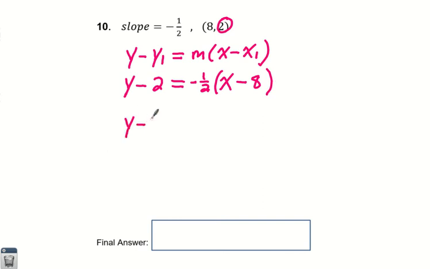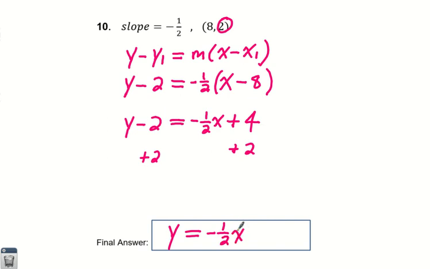And I'm going to just solve for y, clear the bubble first, okay? Distribute the -1/2. -1/2 times x. -1/2 times a -8. Negative times a negative is a positive. And -1/2 times -8 is +4. And now I just have to get y by itself, and that'll be -1/2 x plus 6.